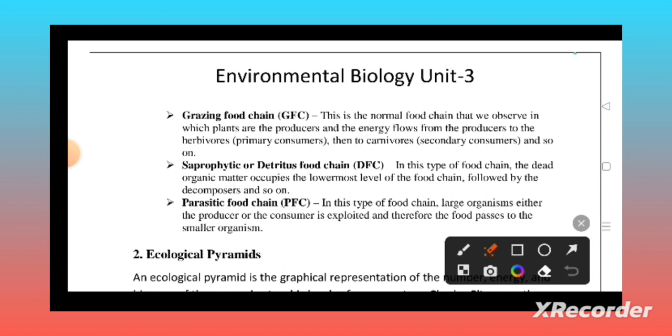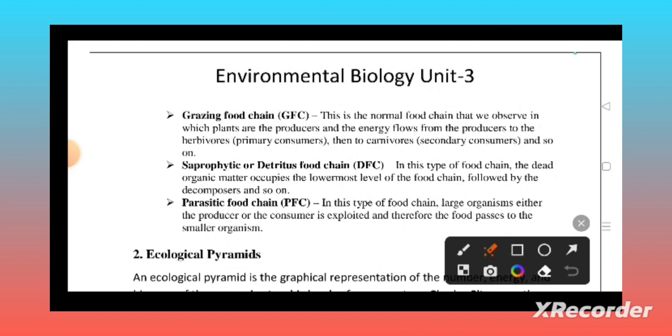And in the parasitic food chain, a large organism, either a producer or consumer, is exploited, and the food passes to the smaller organisms. Suppose a human being gets a disease from ectoparasites or endoparasites.